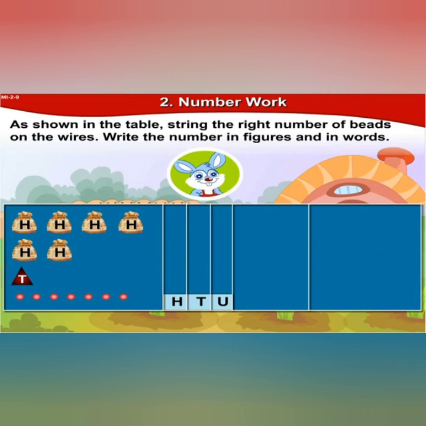Now let us see the next picture. First we will count the hundreds. 1, 2, 3, 4, 5, 6 hundreds. There is 1 ten. And how many stray beads? 1, 2, 3, 4, 5, 6, 7. 7 extra beads, which means 7 ones. So at the wire of 100, we have 6 beads.